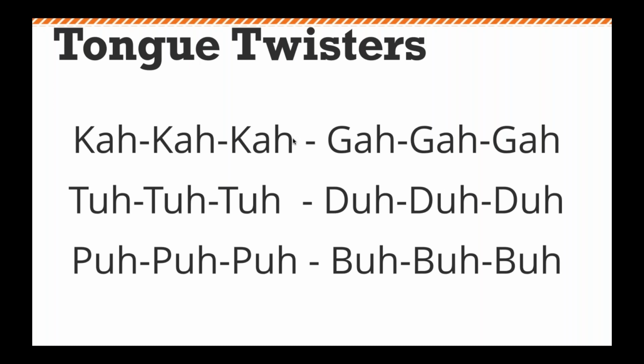And now with all of these, and with every tongue twister, the only way that they help you effectively is to start off slow and then gradually speed up how fast you do them. Right? So ka ka ka, ga ga ga, ta ta ta, da da da, pa pa pa, ba ba ba.